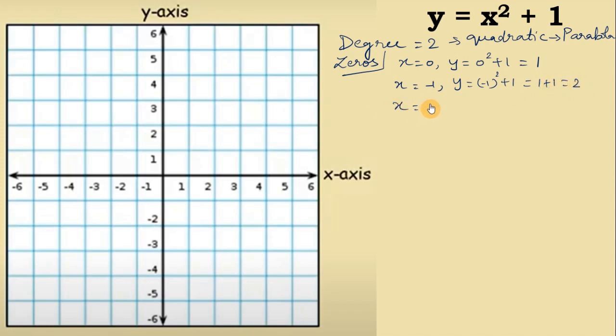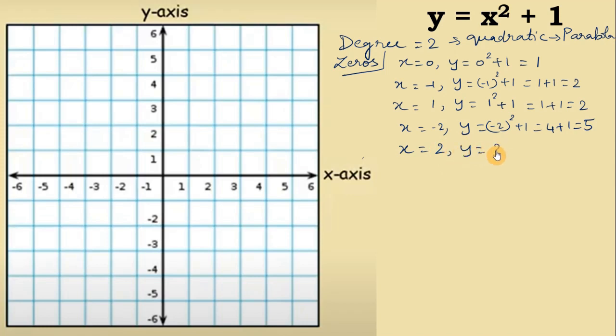For x equal to 1, y is equal to 1 square plus 1, 1 plus 1, which is 2. For x is equal to minus 2, y is equal to minus 2 the whole square plus 1, which will be 4 plus 1, you will get 5. For x equal to 2, y is equal to 2 square plus 1, which is 4 plus 1, which is 5.